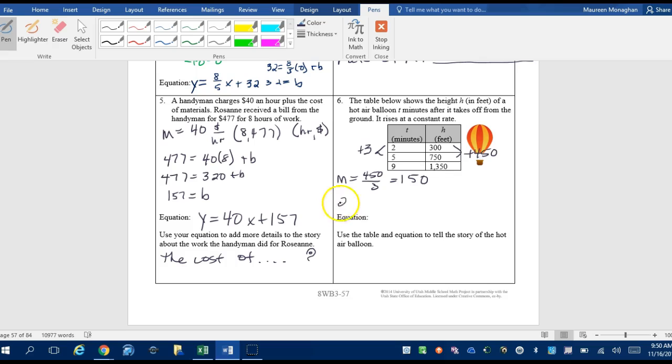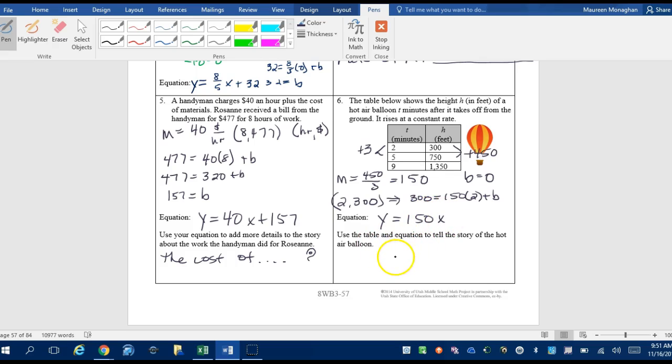Let's use the point (2, 300). And let's plug that into the equation with our slope. So we would get 300 equals 150 times 2 plus b. So it's 300 equals 300 plus b. Oh, nice. b equals 0. I like that. y equals 150x.